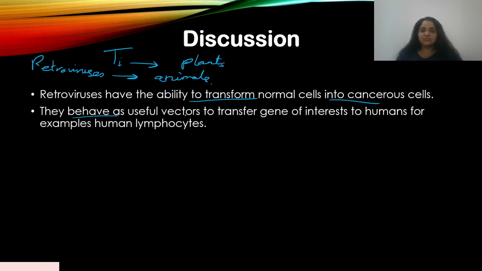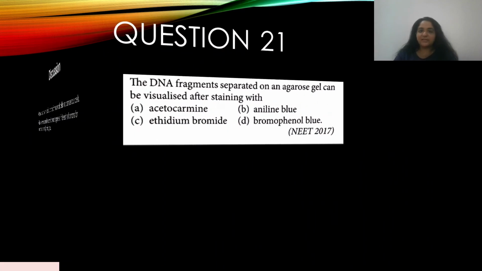They behave as useful vectors to transfer genes of interest to humans, and in the case of the question, it says human lymphocytes. So retroviruses have the ability to do that, and they are also a form of natural genetic engineer, just like TI plasmids. Remember this as a fact.